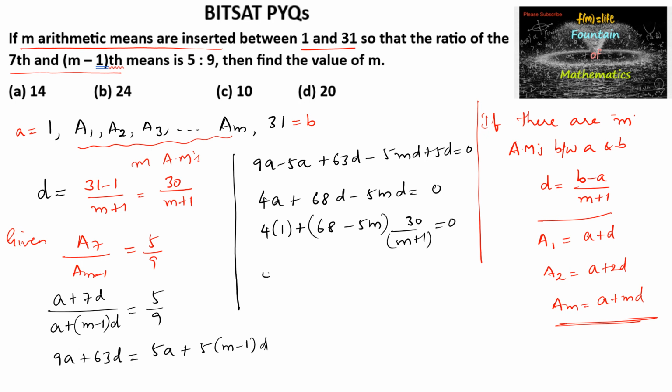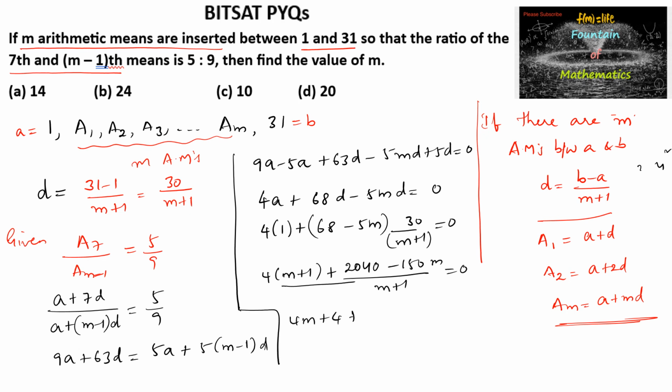On simplifying, we can write 4 times (m plus 1) plus 30 times (68 minus 5m) upon (m plus 1) equal to 0. 30 times 68 is 2040, minus 150m. So we can write (4m plus 4 plus 2040 minus 150m) upon (m plus 1) is equal to 0, where m plus 1 cannot be equal to 0, that is m is not equal to minus 1.